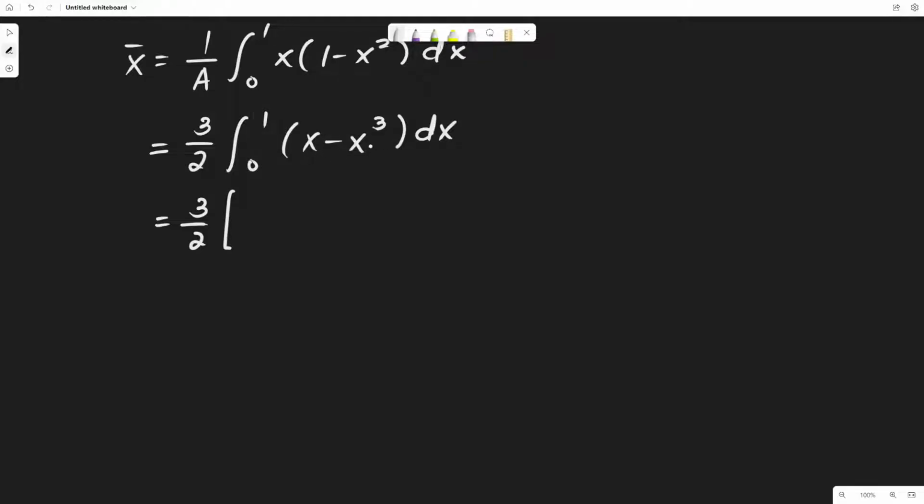Okay, let's integrate. The integral of x is x squared over 2, minus x to the 4th over 4, evaluated from 0 to 1.